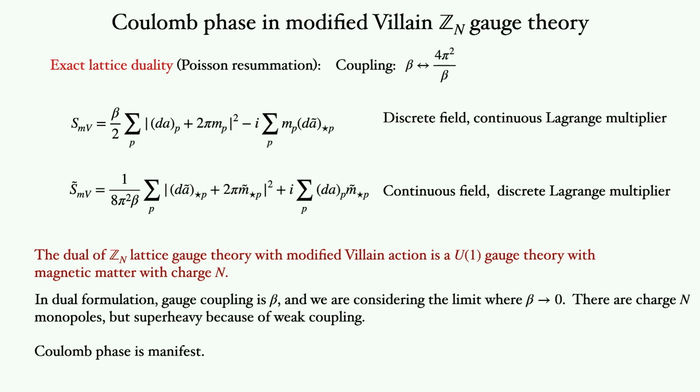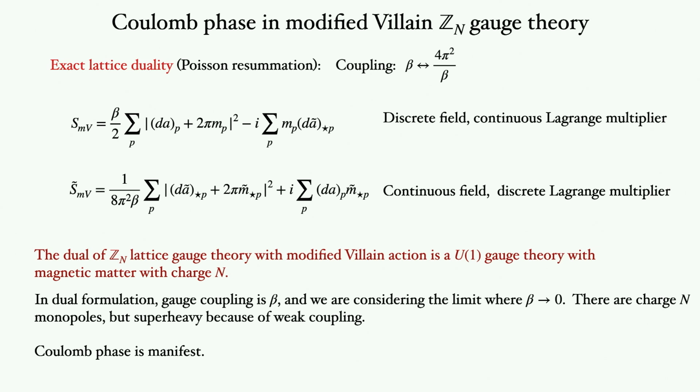Actually, you can do some very nice manipulation here. You can construct an exact lattice duality, which swaps the gauge coupling with its inverse, beta goes to 1 over beta. And it takes this Lagrangian to that Lagrangian. In this Lagrangian, the dynamical field is discrete and the Lagrange multiplier is continuous. But their roles do get swapped.